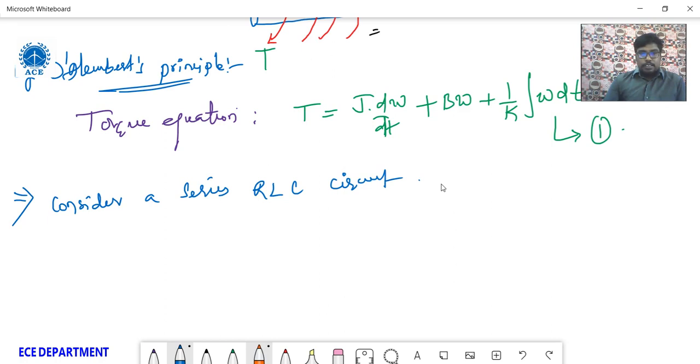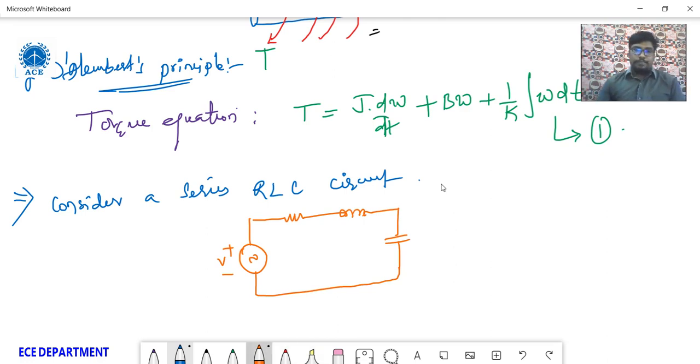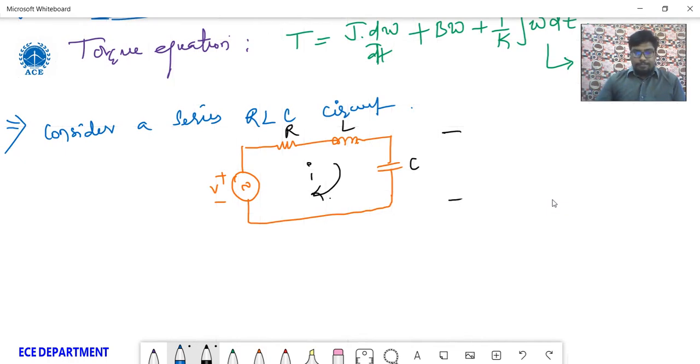This has a voltage source, resistance, inductance, and capacitance, with the output across the capacitance. Current I is flowing in this, and we have a voltage drop across each element. Write the differential equation for this by applying KVL to the circuit.